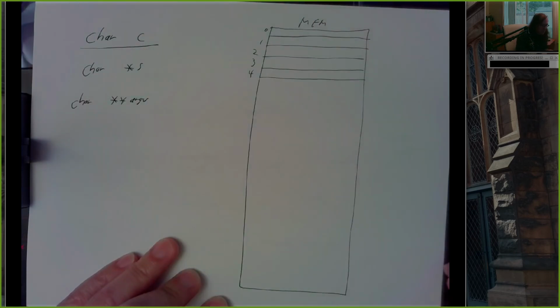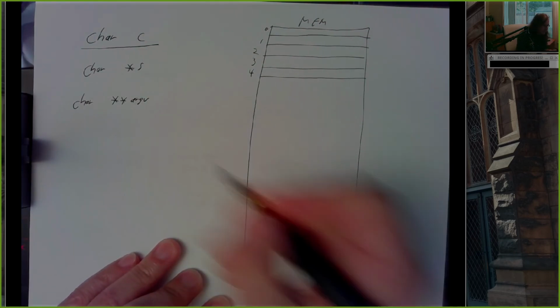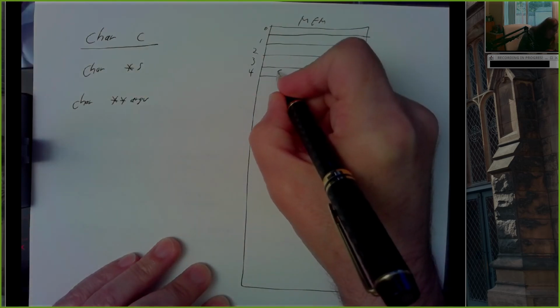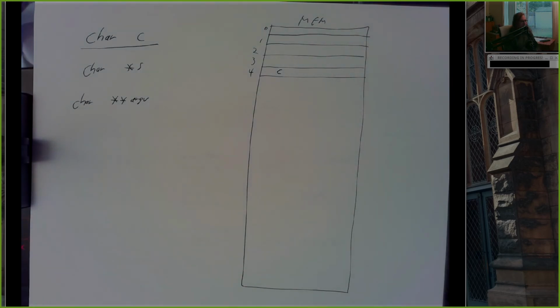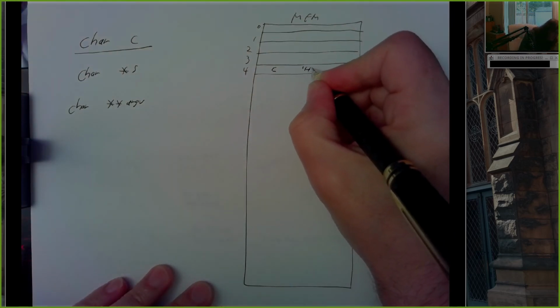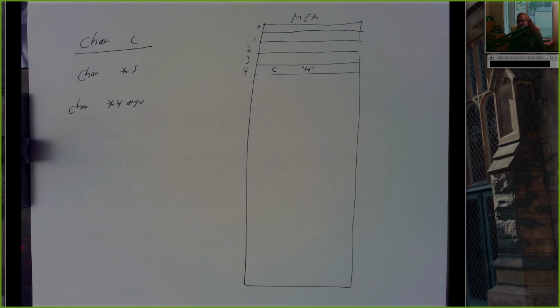The compiler and the linker together might huddle up and say, okay, we're going to store this character C right here at location 4. And if I say C equals single quote H, then memory location 4 will contain the ASCII code for the letter H.